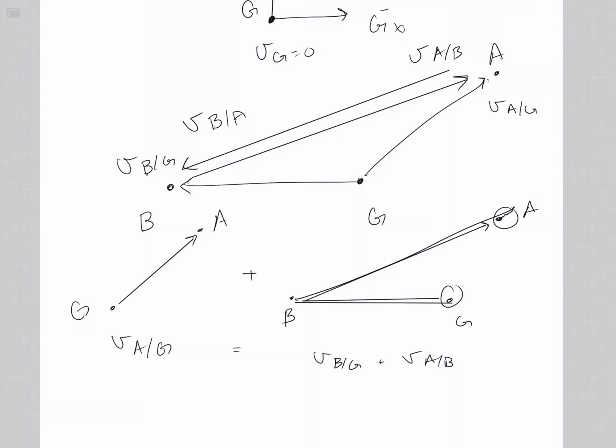This equation should be very familiar to you, although often it is written without the ground, because it's a given that it's with reference to something that's 0. And you get this equation.